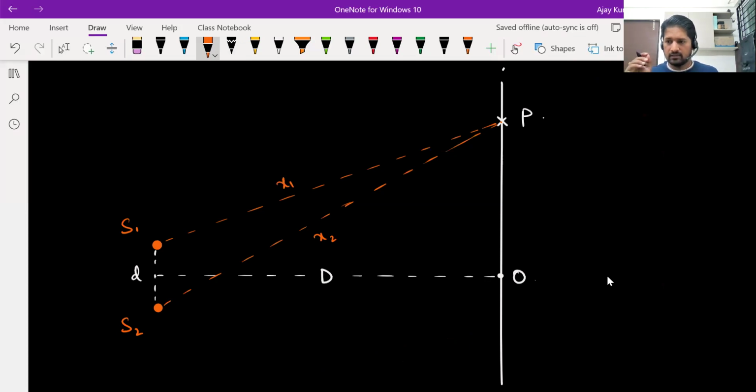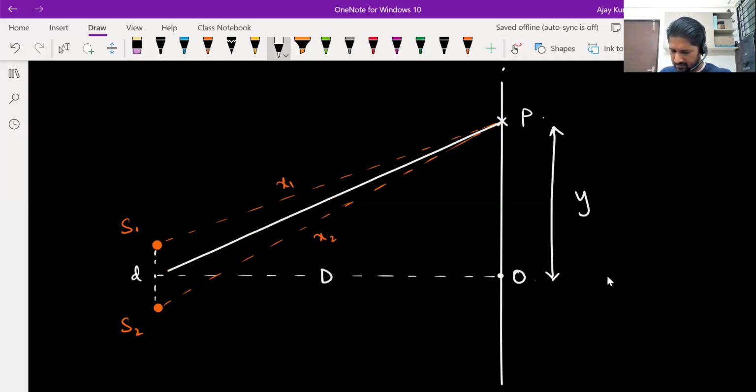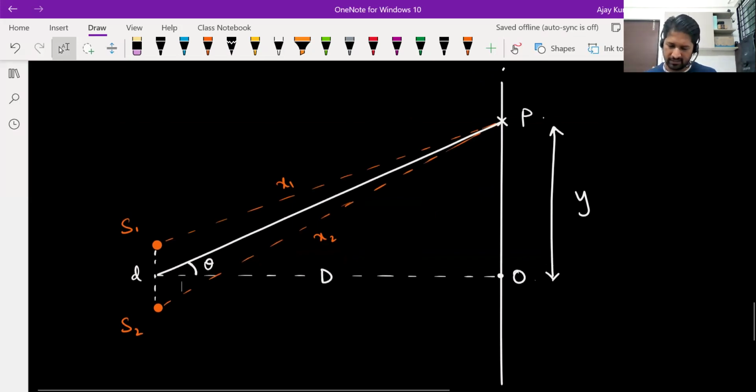Now, based on path difference, you want to find out the angle of the point P and the height of this point P. Height of the point P from O, let's call it y. And the angle of the point P, taken from the midpoint of the sources, is called its angular position. Let's call it theta. Now what we want to do is express theta and y in terms of delta x.